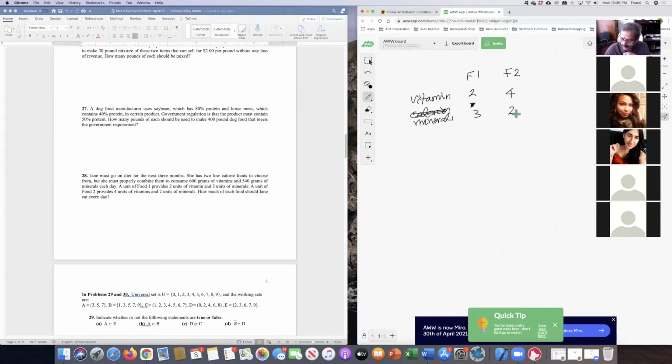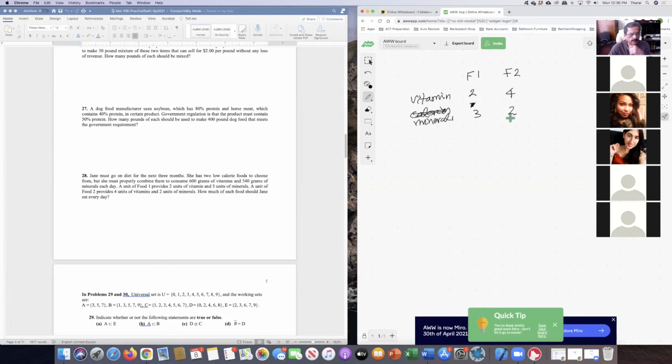4 and 2. So that's from each unit of food 1 and food 2. That means like 1 pound of food, 1 ounce, whatever that is. We don't really have to worry about it. So 1 unit of food F1 gives you this much of vitamin and mineral. 1 pound of F2 gives you 4 and 2.